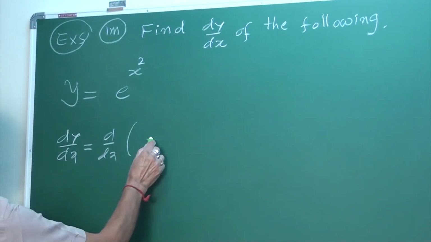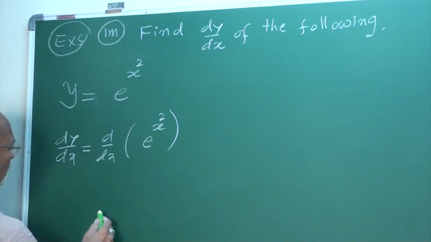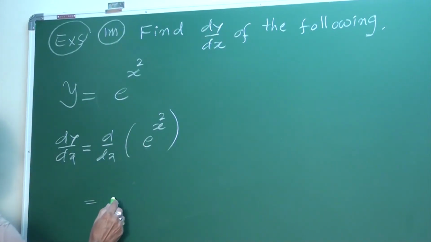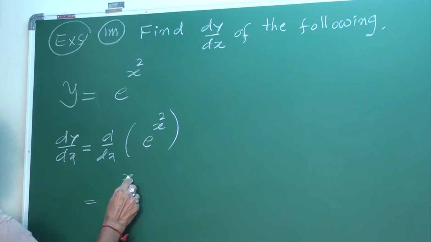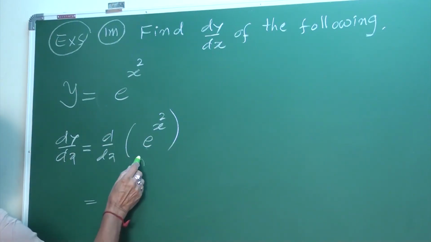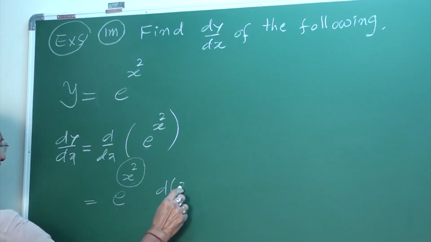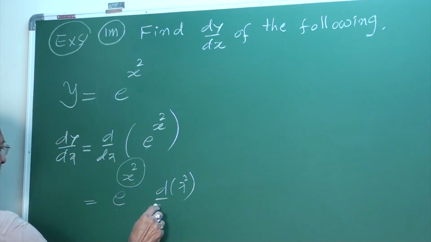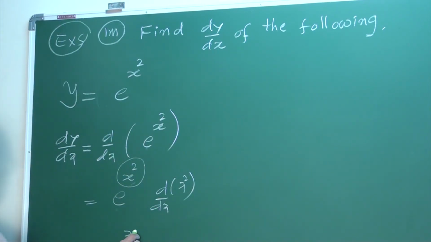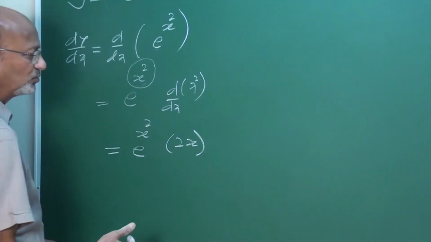Tell, e to the power x square, what is the formula? Exponential, first you have to write as it is, e to the power x square. Where is your variable here? Is it x? No sir, write its derivative. So it is e to the power x square into derivative, which is 2x.